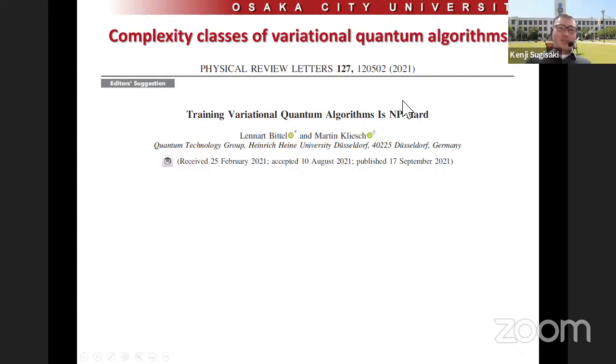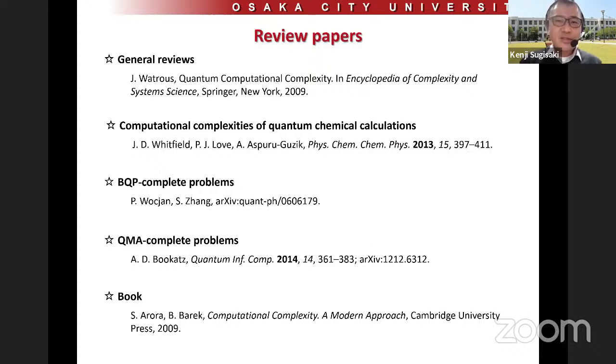Honestly speaking, I'm not a professional in this area. So in the final slide, I would like to introduce you to the relevant papers. A general review of computational complexity theory can be found in this book chapter. The computational complexity of quantum chemical calculations is summarized in this paper, the TCG paper.